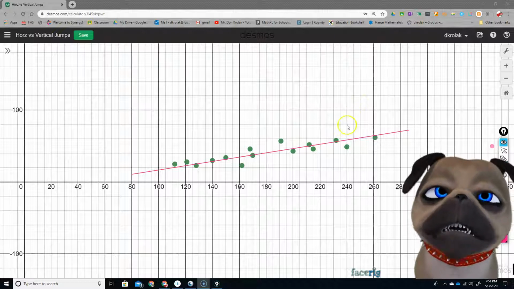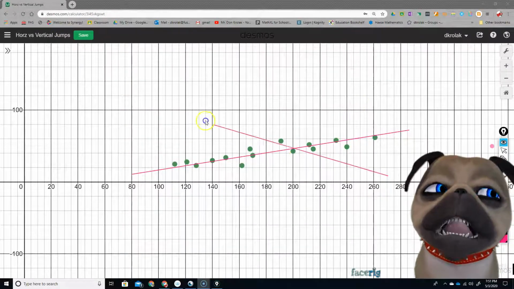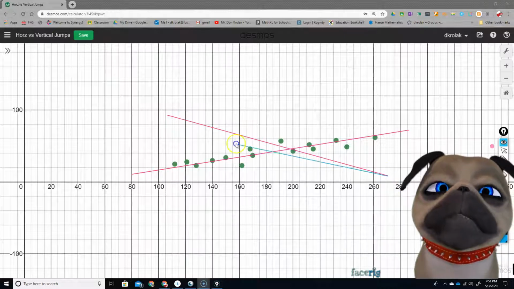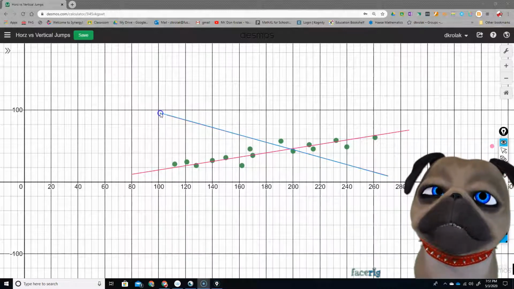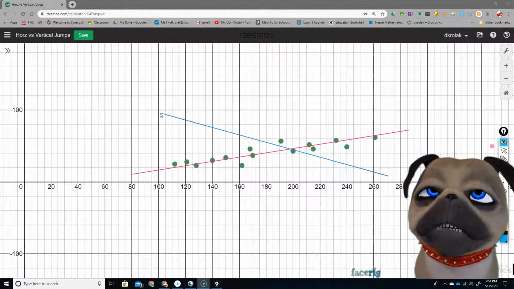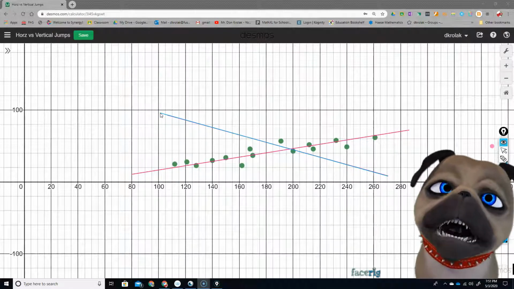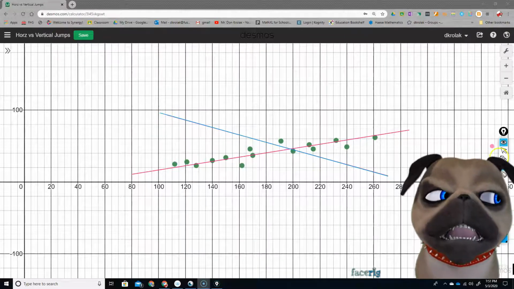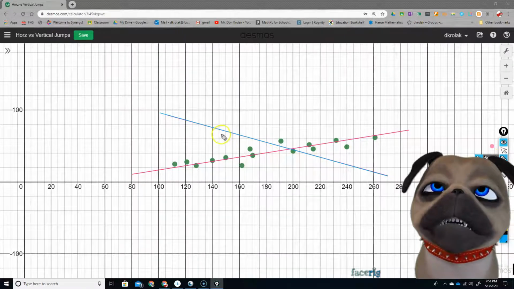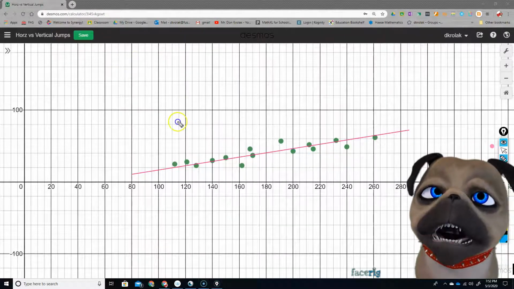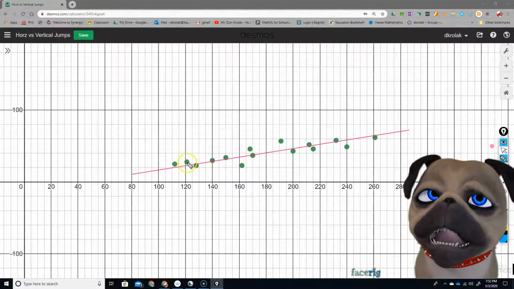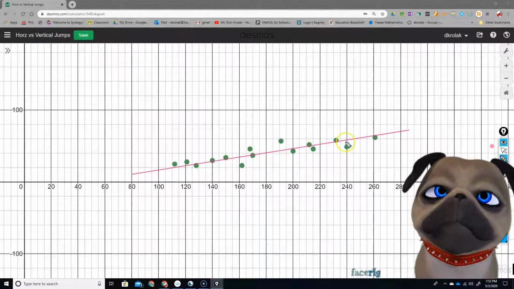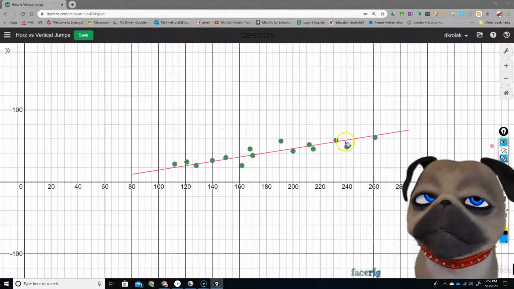If one goes up, the other goes up. Had I drawn the line going down the other direction, with a negative slope, like this blue line, that would be a negative correlation. As the X is getting larger, the Y is getting smaller. Okay, so that's just an idea in terms of correlations. Now, the closer these points are grouped to this line, the stronger the correlation is.